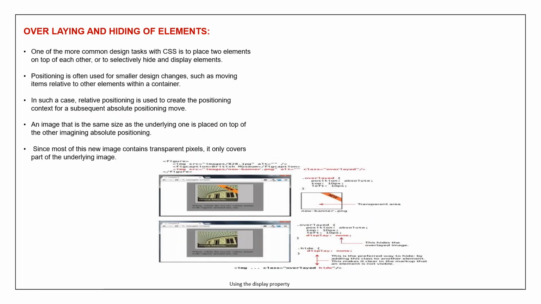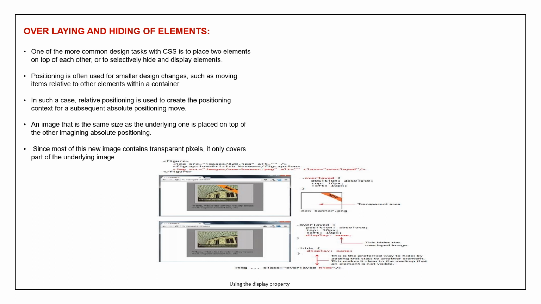Overlaying and hiding of elements. One of the more common design tasks with CSS is to place two elements on top of each other or to selectively hide and display the elements. Positioning is often used for smaller design changes such as moving items relative to other elements within a container. In such a case, relative positioning is used to create the positioning context for a subsequent absolute positioning move.